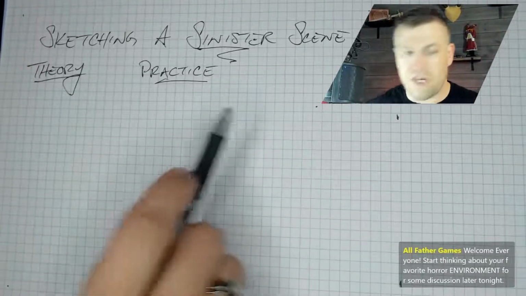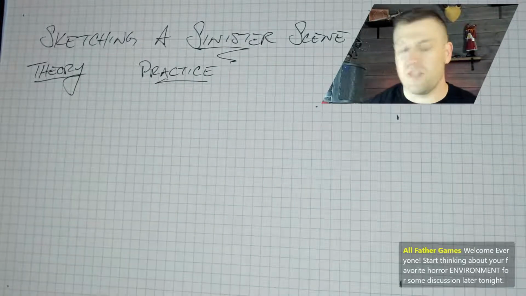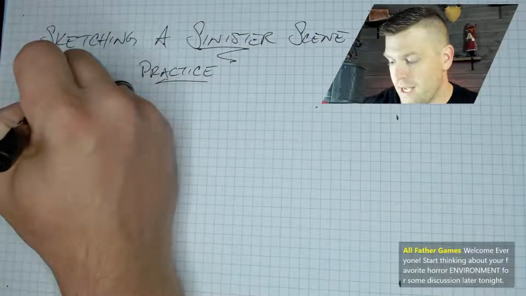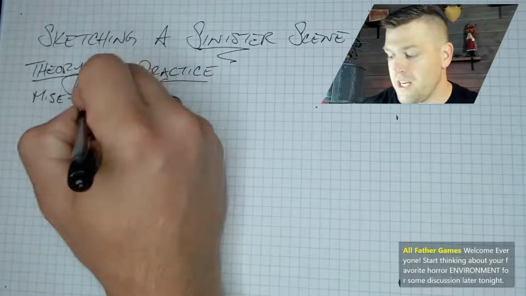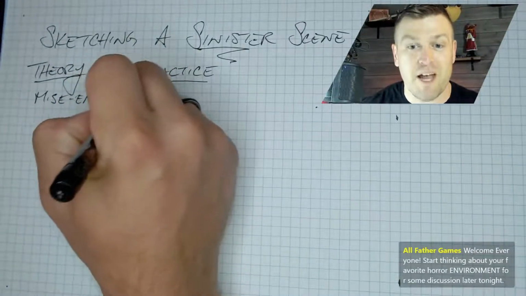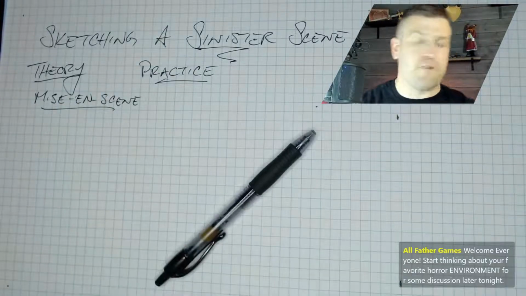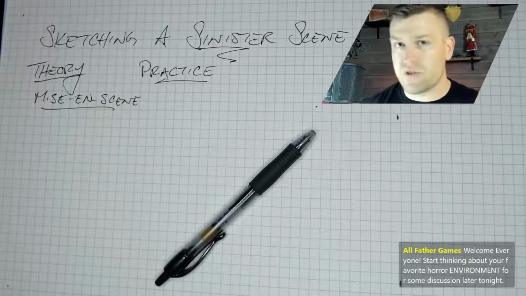So let's talk about the theory really quick. The theory that goes into sketching a most sinister scene. And I base all of it around the term mise en scène. Ooh, we're getting fancy, busting out other languages. The mise en scène is, first and foremost, above all else, environmental storytelling.